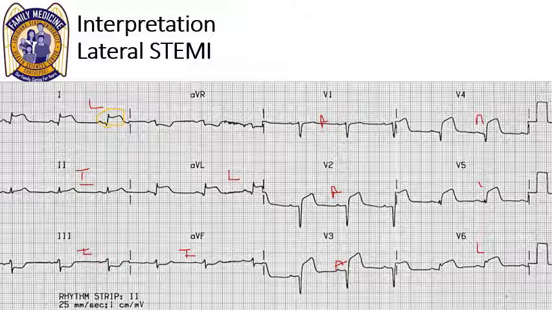So 1, AVL, V5, and V6. And then we have elevations in V2, V3, V4. So this is another anterolateral STEMI, LAD to LCA. And then more importantly, we see here our reciprocal changes for our inferior leads, which would be a good indication that this is a STEMI, this is a cath alert.